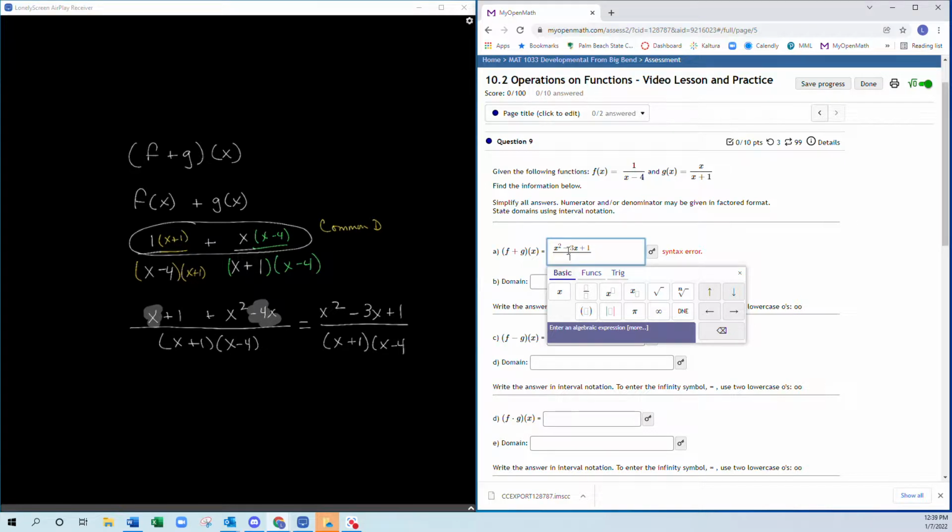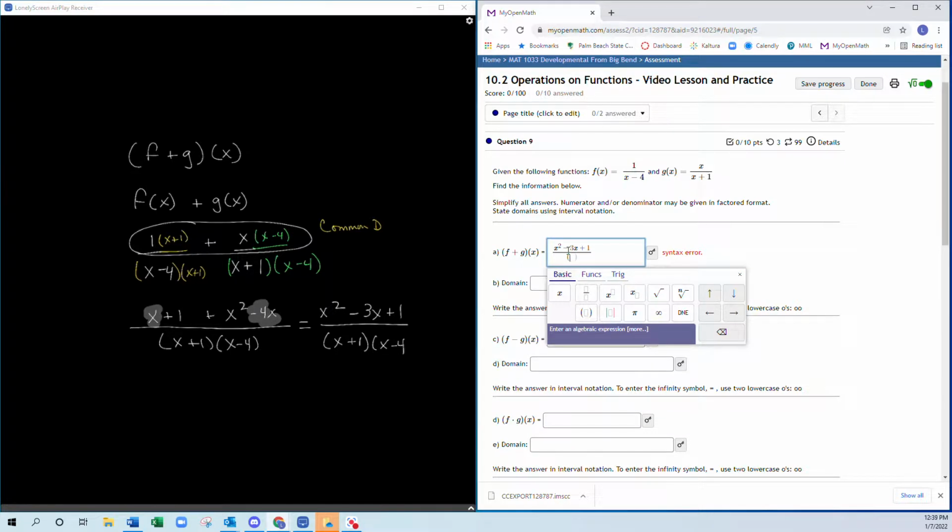You can leave this in factored form. You do not have to multiply it out. So that becomes x plus 1. Oops, I typed that in wrong. So that becomes x plus 1, and it's times x minus 4.